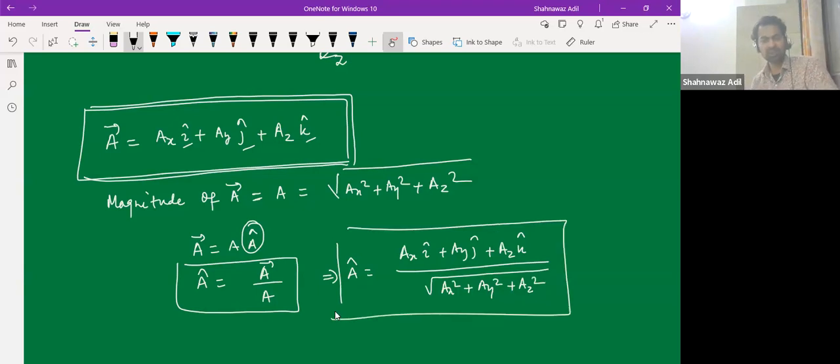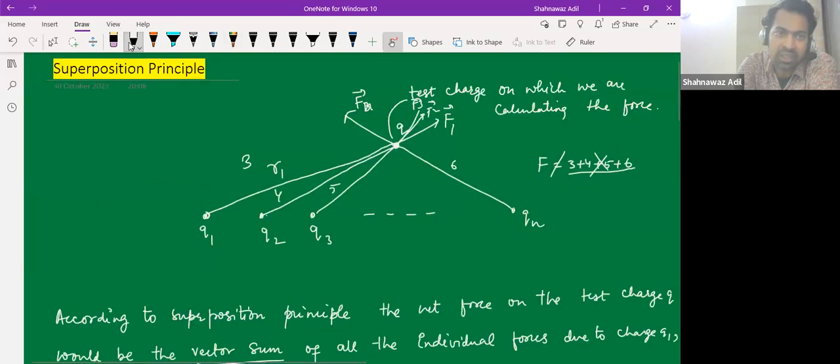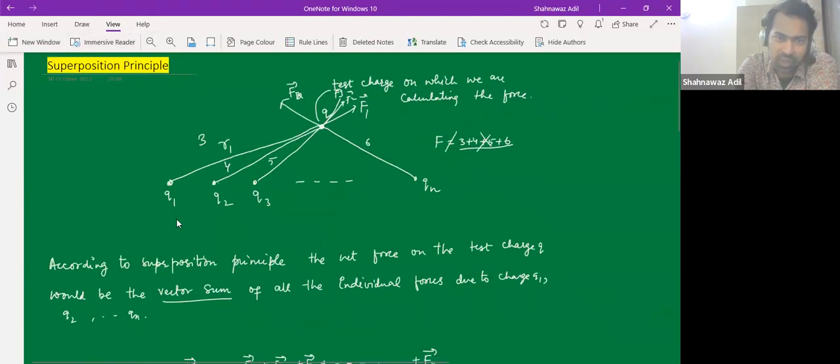Is this clear, everyone? Yes. Okay, so please note up to this point and then we will go ahead. Please note this portion.